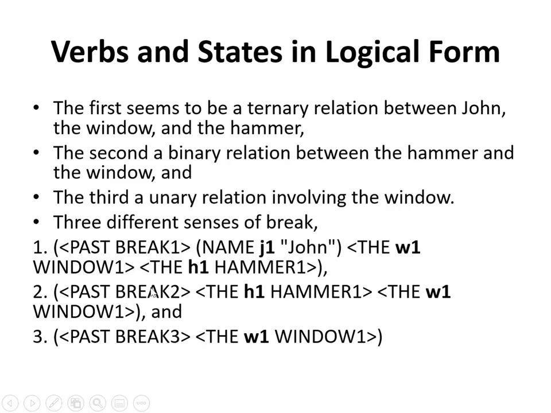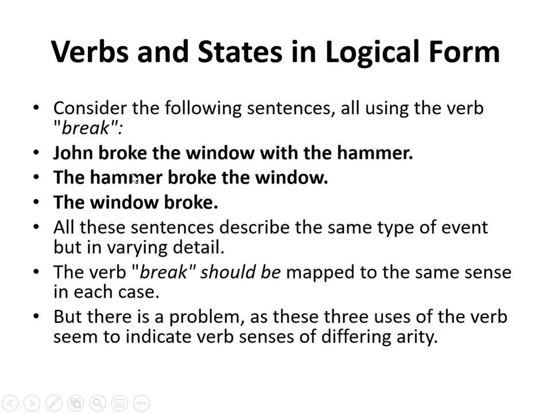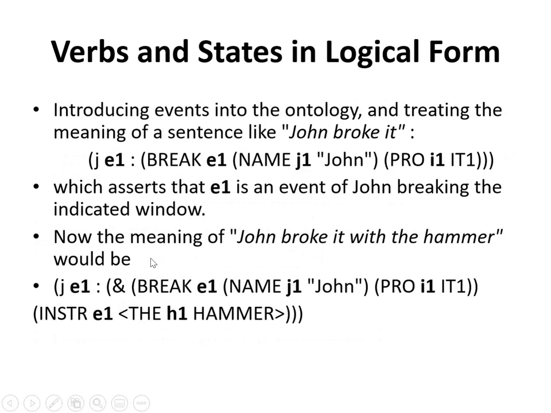Then past break 2, the H1 hammer one, the W1 window one. Here John is not mentioned. And in the last sentence we have only the window which is broken. So these are the three ways we represent the three sentences having the same sense, or the same event.